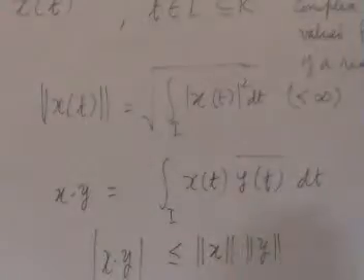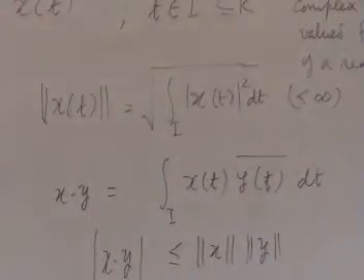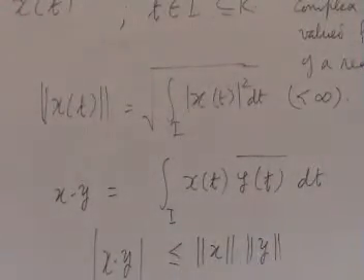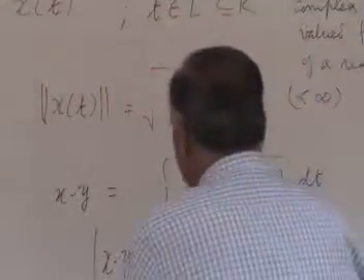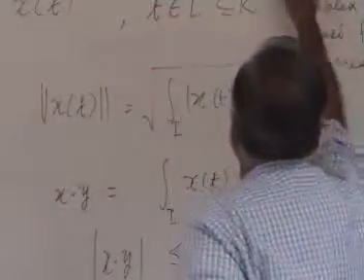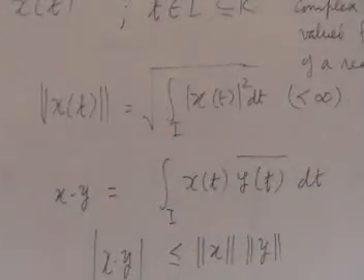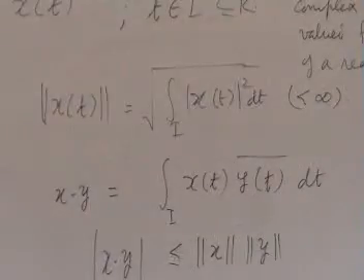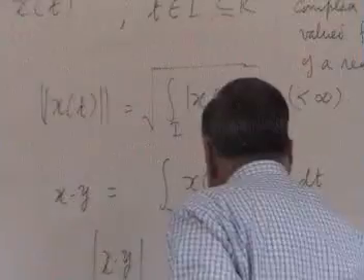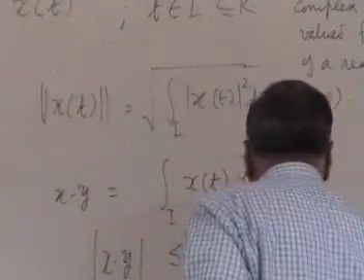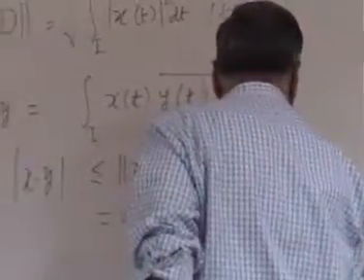And this is the Cauchy-Schwarz inequality in the so-called Lebesgue spaces, the Lebesgue L2 space, and this is called the L2 I space, and this is called the L2 N space. And equality if and only if x(t) and y(t) are linearly dependent.